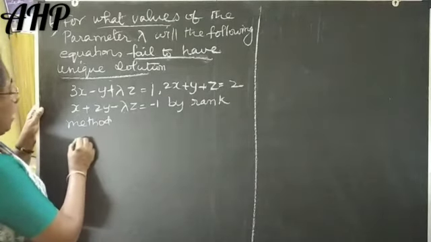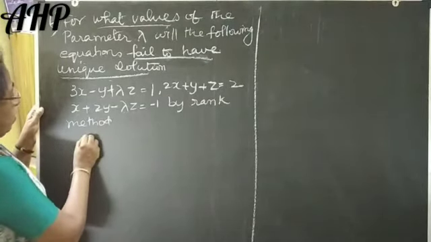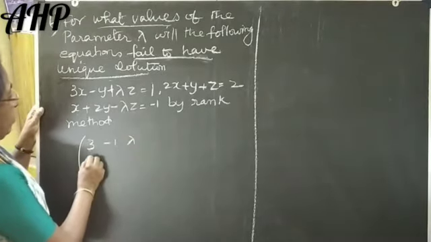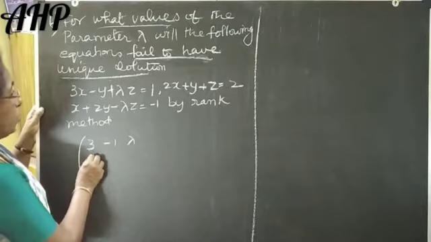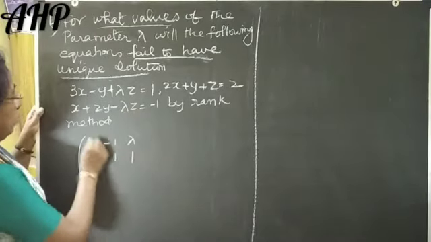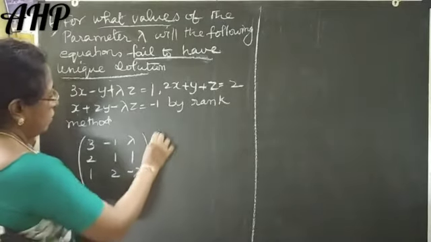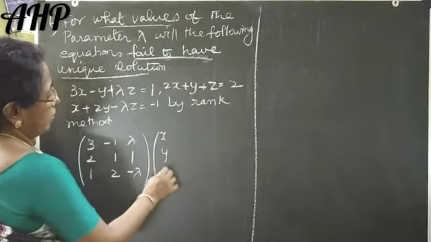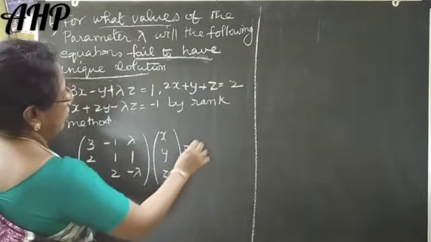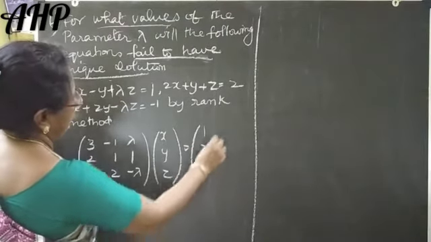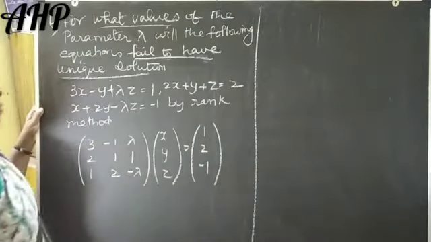Writing this equation in matrix form, [3, minus 1, lambda; 2, 1, 1; 1, 2, minus lambda] into x, y, z is equal to [1, 2, minus 1].